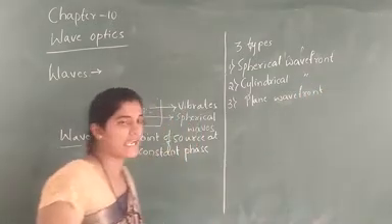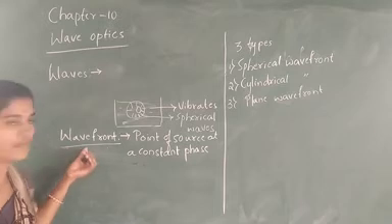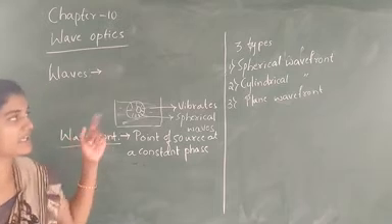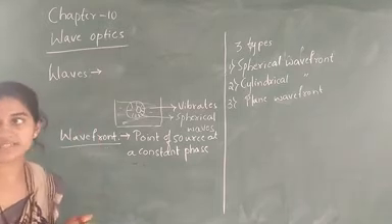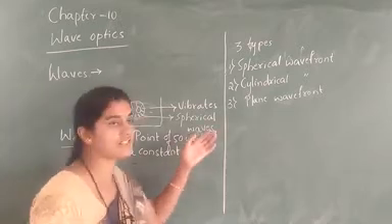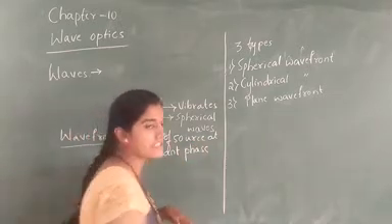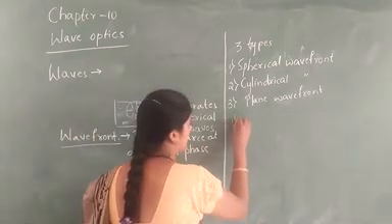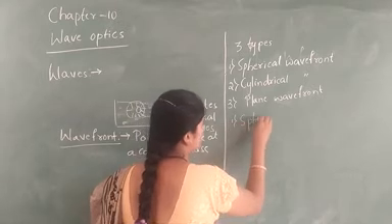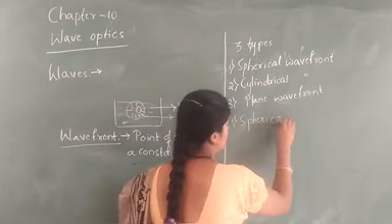These are the three types of wavefront. First one is your spherical wavefront, second one is your cylindrical wavefront, and third one is your plane wavefront. In this, first we have to consider the spherical wavefront.